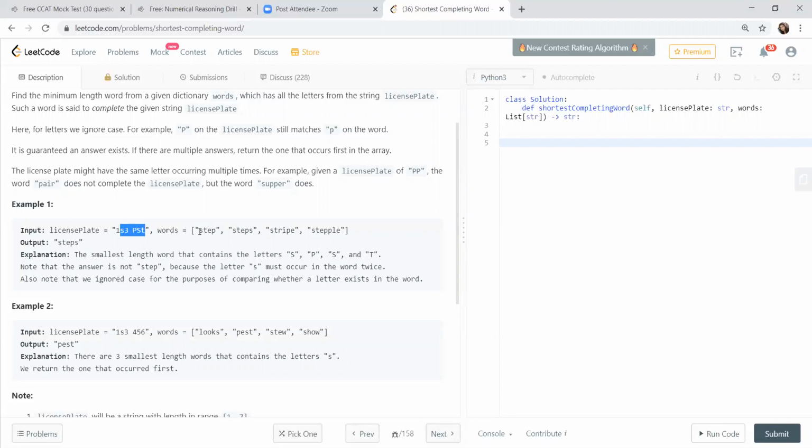It may not work if, for example, in the first string, the license plate, you have only 1 s, and in the other string you have 2 s, and when we look for the substring, we don't find a match.